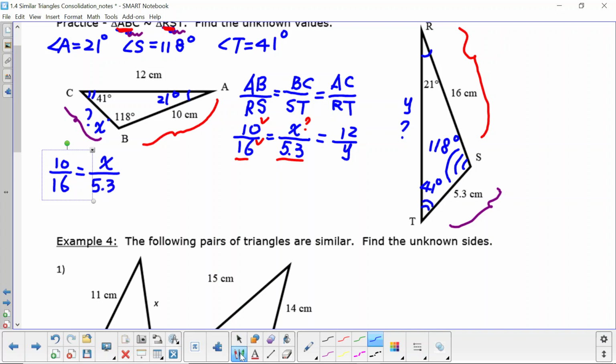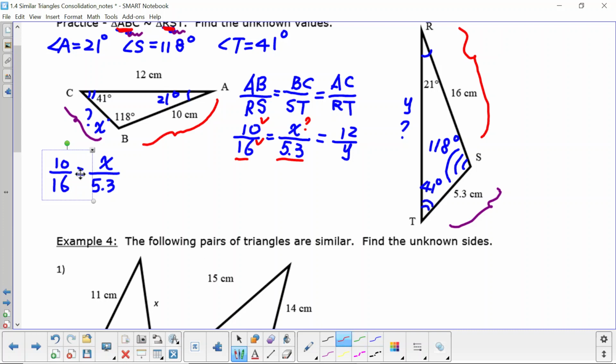So 10 divided by 16 equals x divided by 5.3. We could use cross multiply, or when the x is at the numerator, you could just move the 5.3 to the other side by doing the opposite operation. This is x divided, then it will be times.